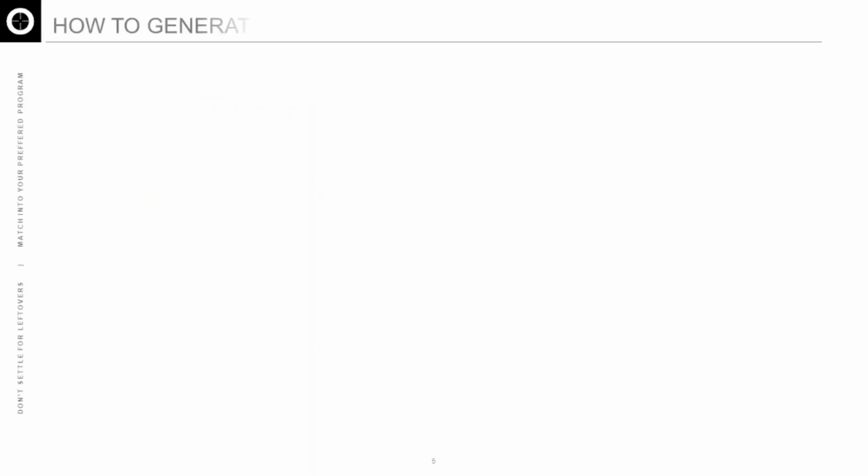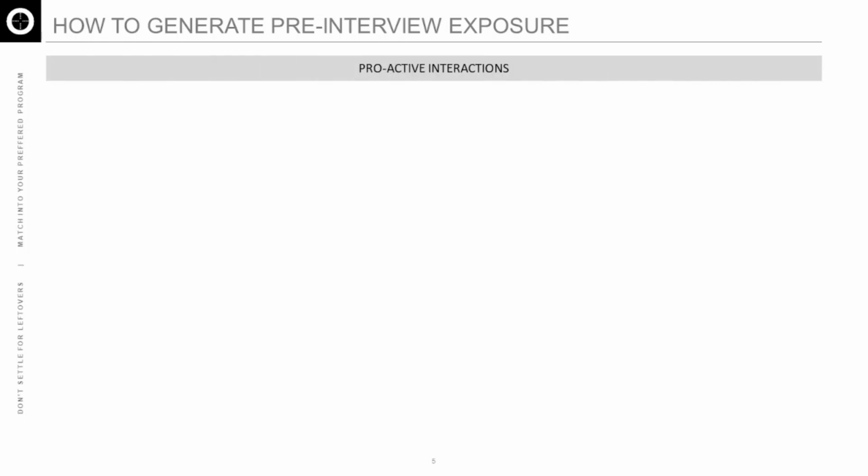Now let's discuss how exactly to do this. The best way to generate pre-interview exposure, assuming you have absolutely zero pre-existing connections, is through the use of proactive interactions. Not by waiting for someone to reach out, not by hoping they see your application, but by forcing the interaction. And there are 4 types of proactive interactions that we're going to review in this video.